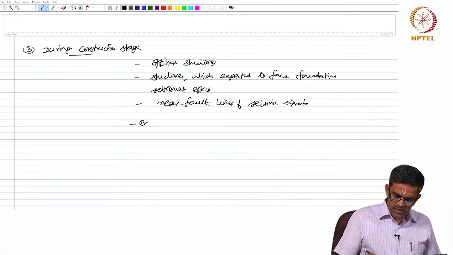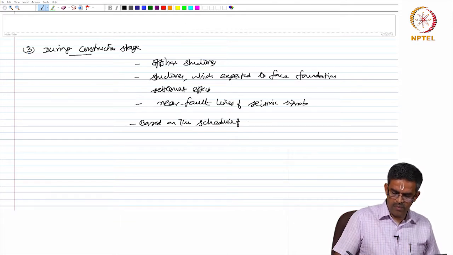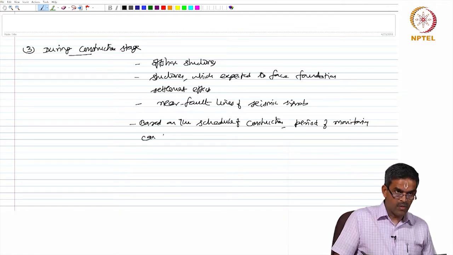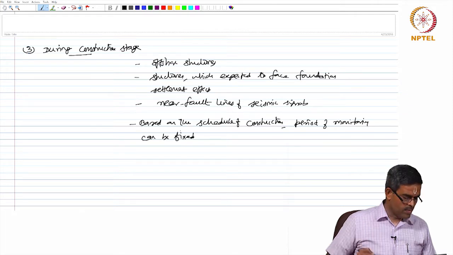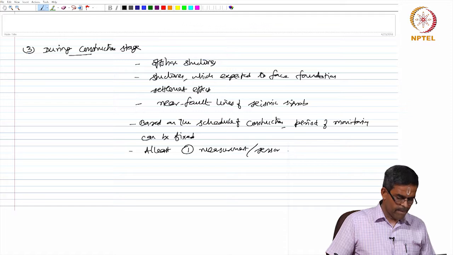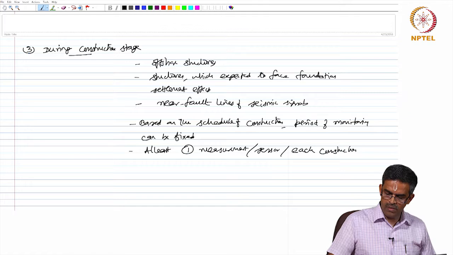Based upon the schedule of construction, period of monitoring can be fixed. At least one measurement per sensor at each construction stage is necessary.